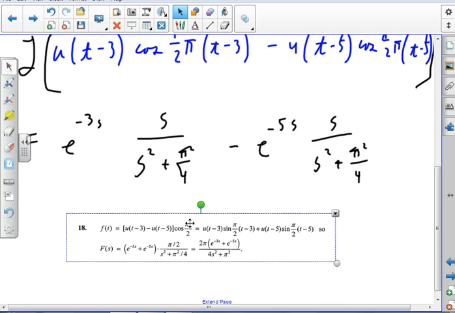When I put a 0 in this one, I get a 1. When I put a 0 in this one, do I get a 1? I do get a 1. Darn, they are the same. Bummer. Those are the same.